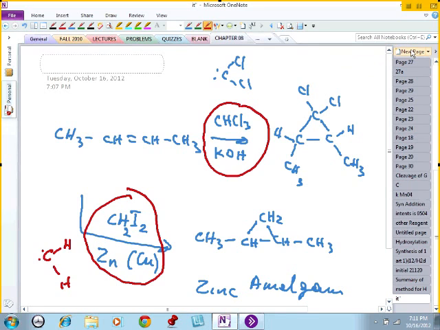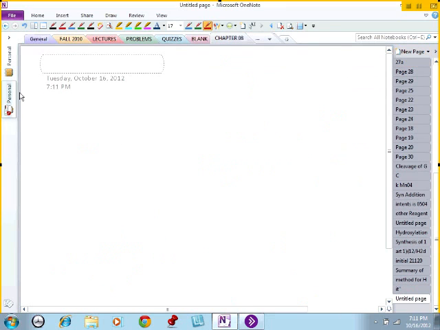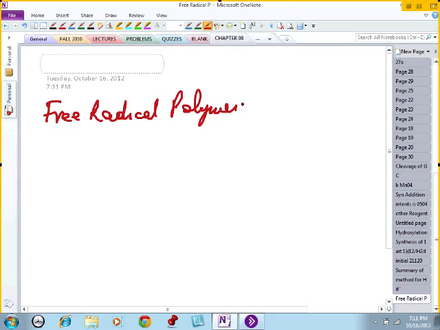So let us look at how we make that particular item. Last reaction we're going to call free radical polymerization reactions of alkenes.